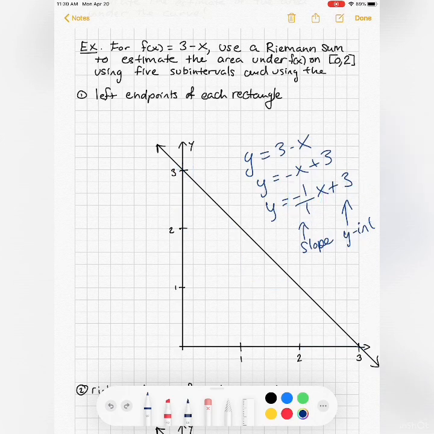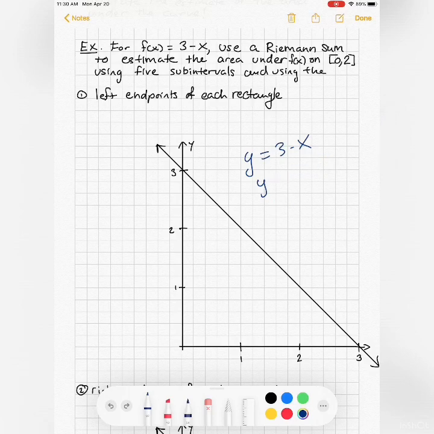So now let's look at the calculus part. Okay, so it says use 5 subintervals and the left endpoints of each rectangle. So my interval is 0, 2. Okay, so I have to break that into fifths. So the length of that interval is 2, right?